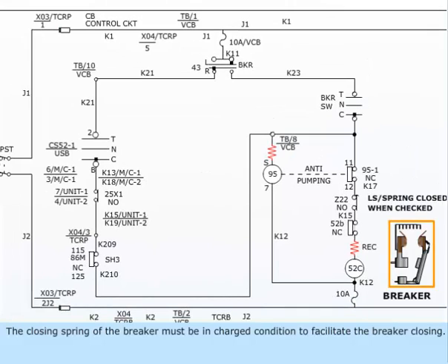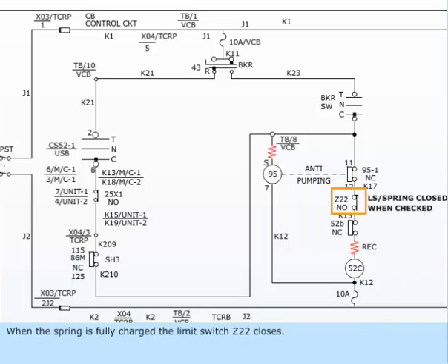The closing spring of the breaker must be in charged condition to facilitate the breaker closing. When the spring is fully charged, the limit switch Z22 closes. The auxiliary contact 52B of the breaker must be in dropped out condition.